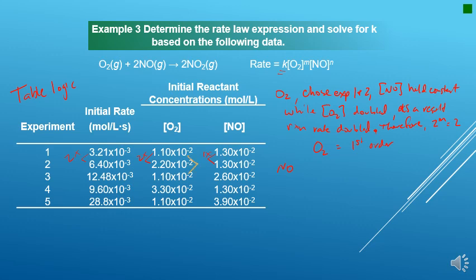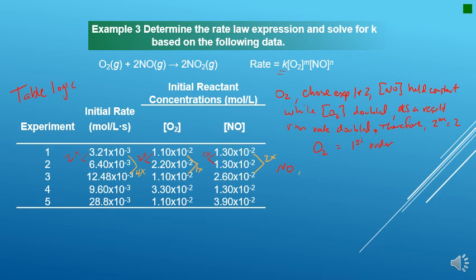Here, again, I have just a change of 1x. Over here, I have a change of 2x. Now, for my rate, notice it's going from 3.21 to 12.48. Again, pretty close. So we're going to call that 4 times x, probably about 3.9 approximately, so we're going to round that up to 4.